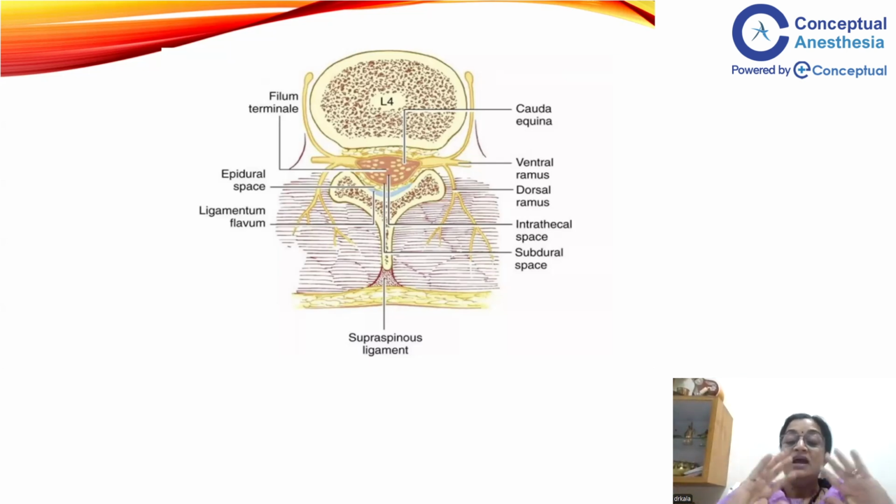Otherwise there is a headache. And this CSF pressure, the epidural space, is like a cushioning effect around the dural space, that is the spinal cord. So the epidural space has a negative pressure.